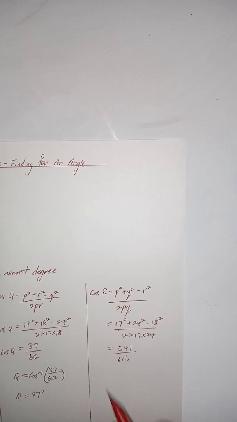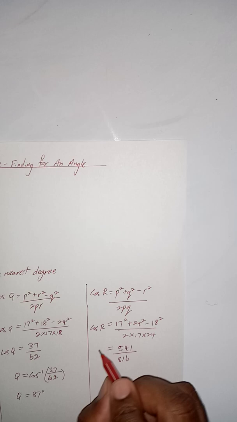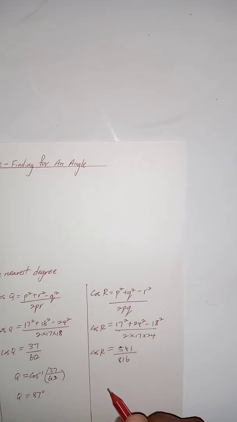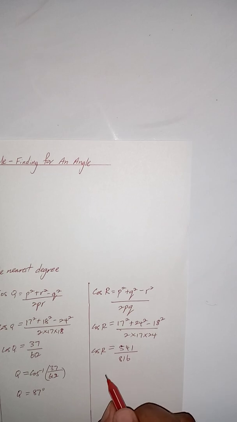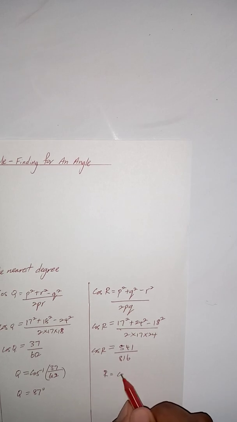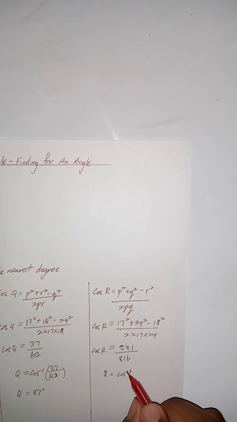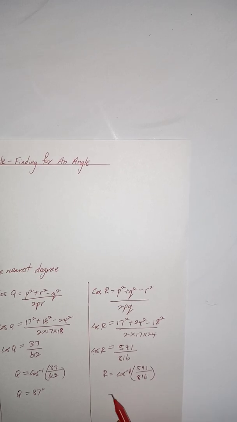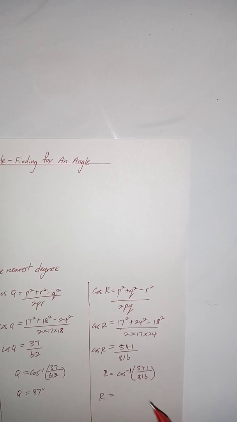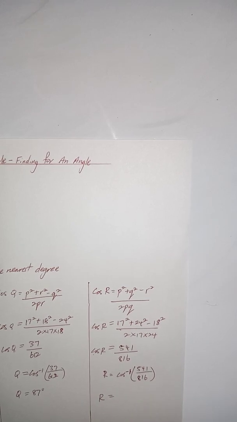Good, so cos R. Now we want to find R. Let us take cos to the other side. So R will equal cos inverse. This is how we write the inverse, a negative 1. 541 over 816. Good. So with our calculator, second function, cos.